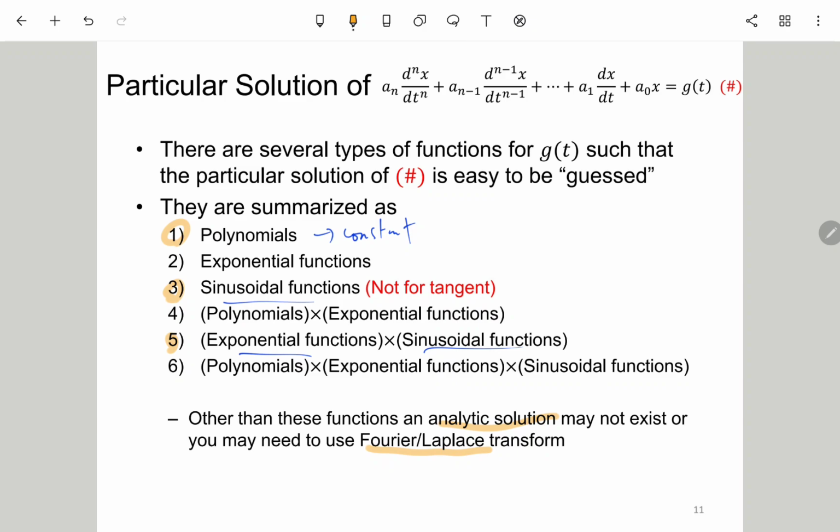Because I will say actually knowing how to solve for the sinusoidal is sufficient, because Fourier transform or Laplace transform tells you that an arbitrary function can be decomposed into different frequencies of sine and cosine. So in that case, knowing the solution for sine and cosine should be enough. We don't need the tangent, because tangent is not a good function. It goes to infinity and negative infinity.